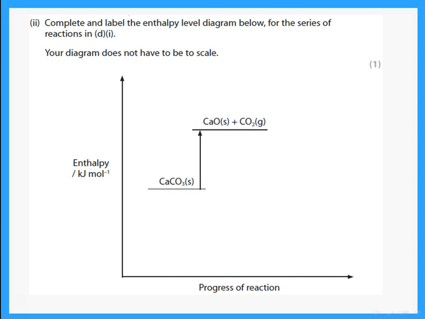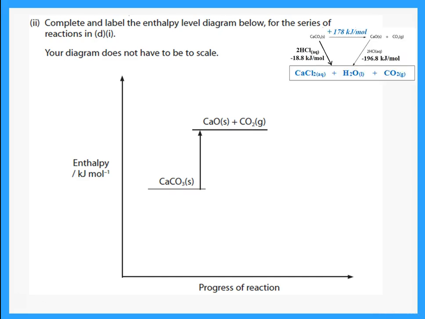Complete and label the enthalpy level diagram below for the series of reactions. So what do we have? These are the reactions that we have. Starting from calcium carbonate, I can either go up, and we said up because the delta H we calculated is a positive number, going to calcium oxide plus CO2.